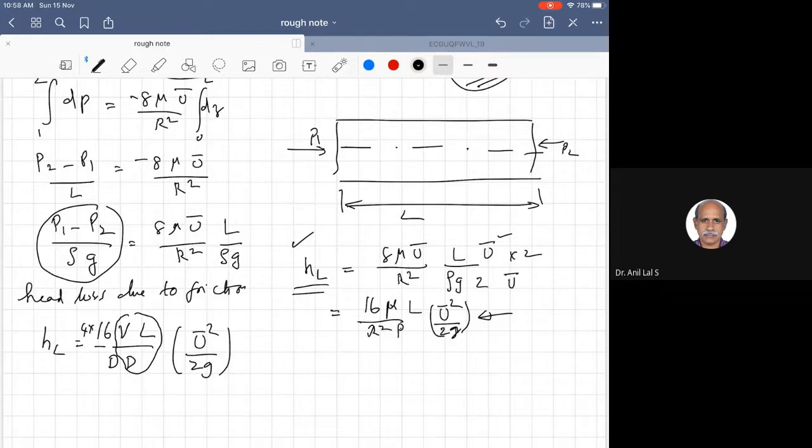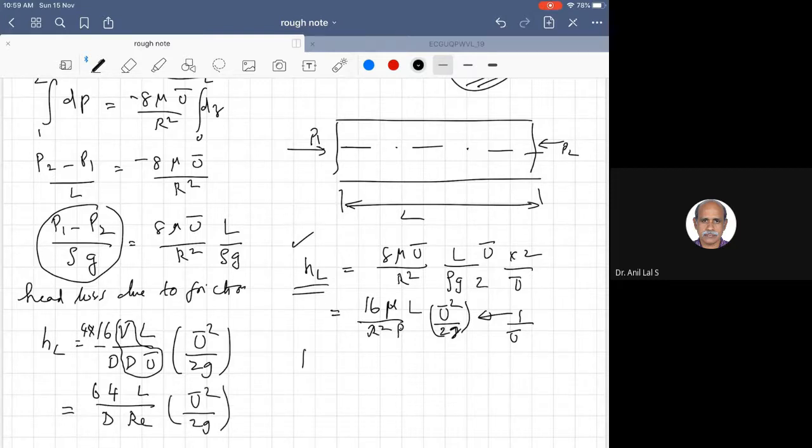So d u bar by nu you can write as a Reynolds number. So this will become 64 L by d into Reynolds number into u bar squared by 2g.